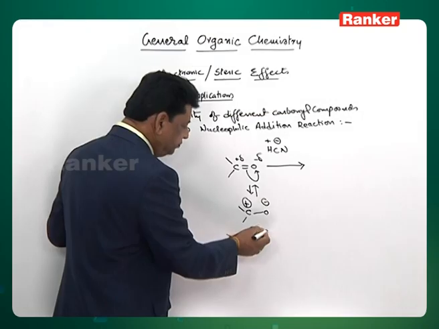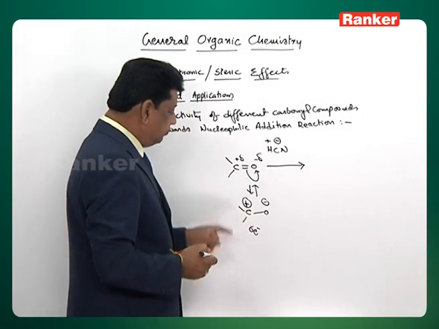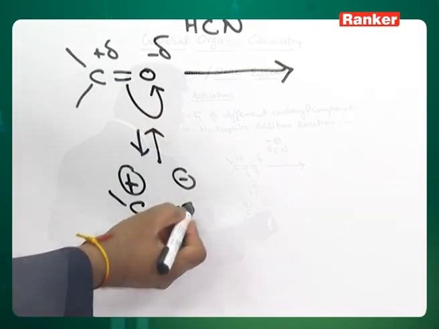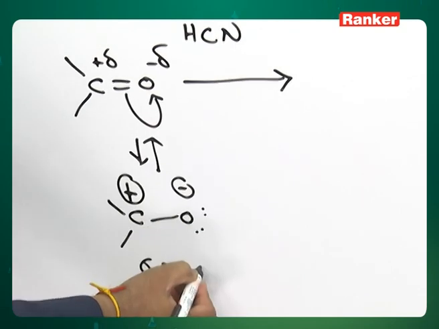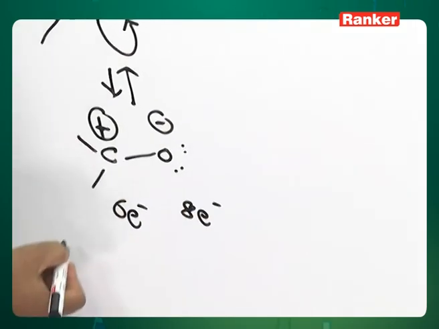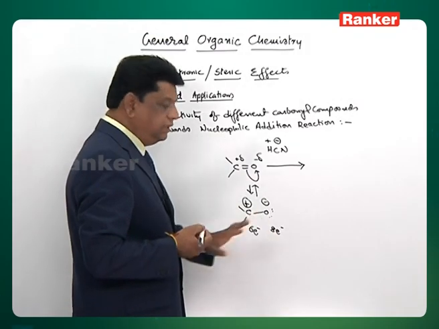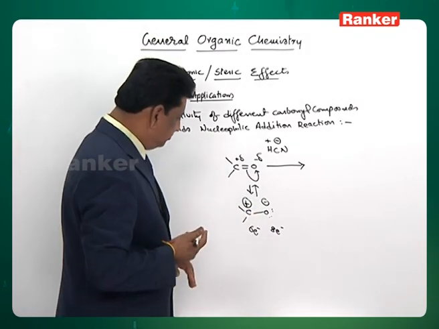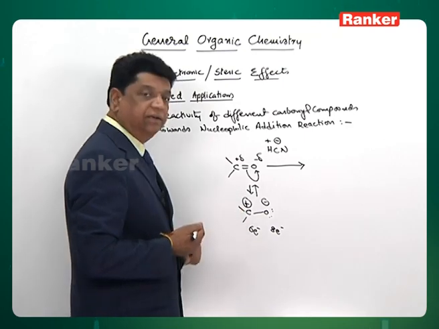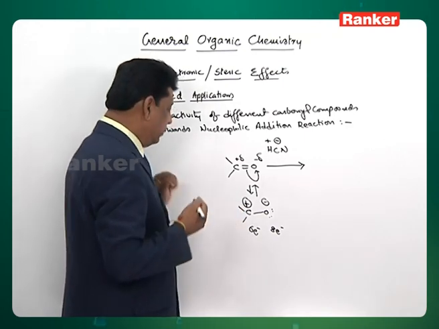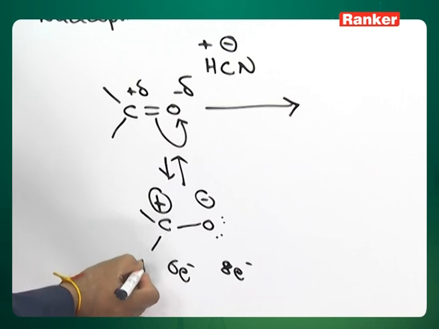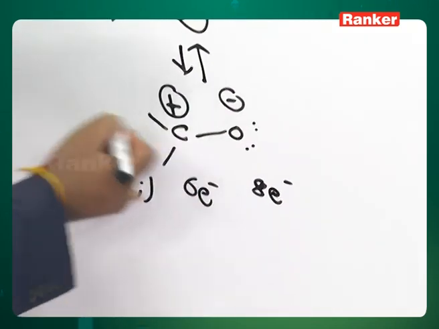Therefore, it is more reactive when compared with the oxygen 8 electron system. If you count the surrounding electrons, oxygen fulfills the octet, whereas carbon has a deficiency, therefore it is more reactive. Another point you can claim, both are electronegative.